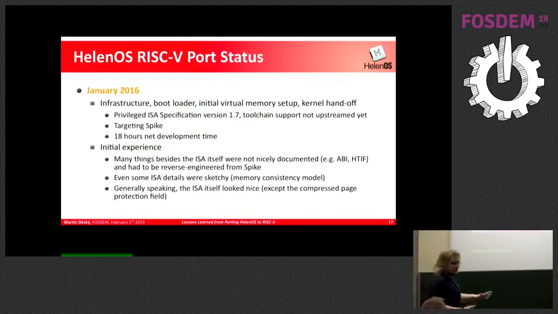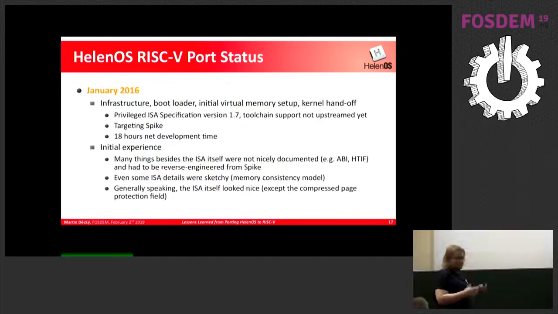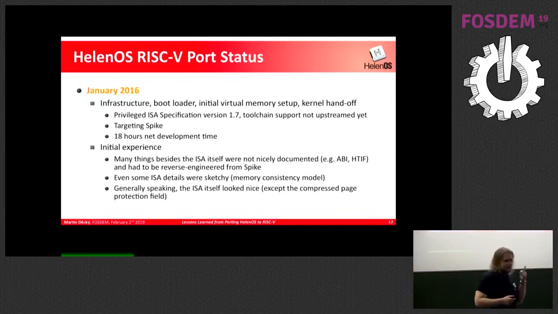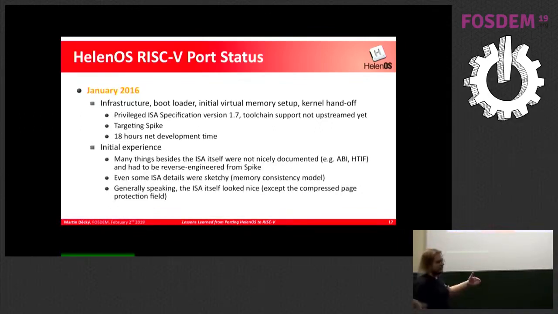Okay, so that was generally speaking about HelenOS, and you are probably interested in our RISC-V port, because this is a RISC-V dev room. So I did some initial experimentation in 2016, and I had a talk about this in the microkernel dev room at FOSDEM at that time.